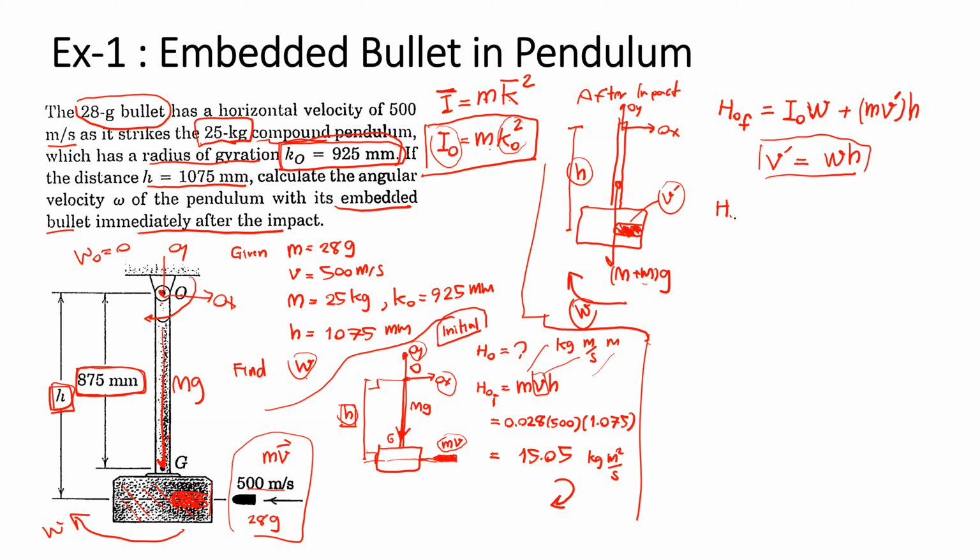So the angular momentum at the final state is equal to I_O omega plus m h squared omega.